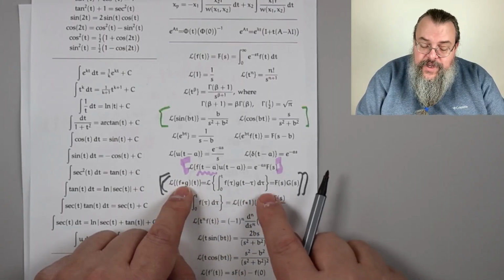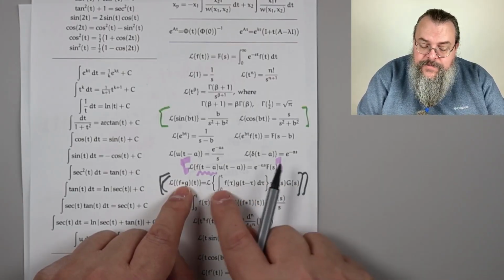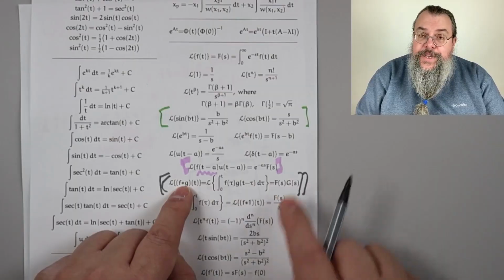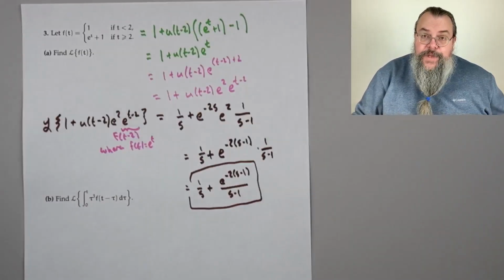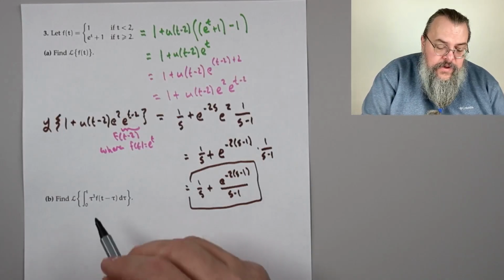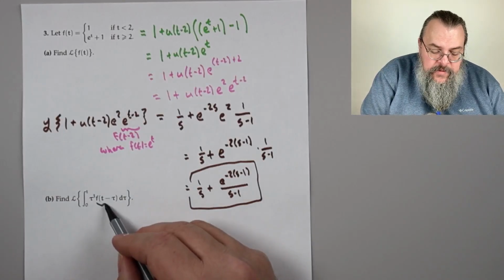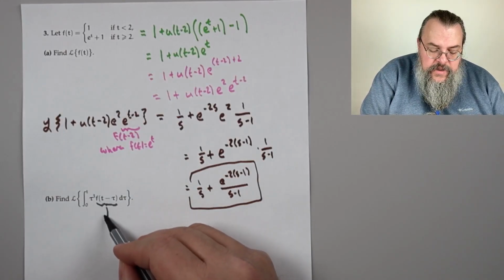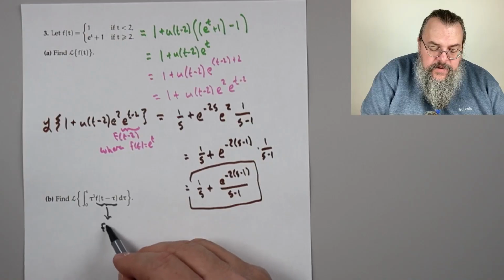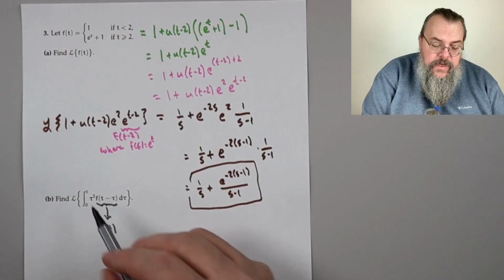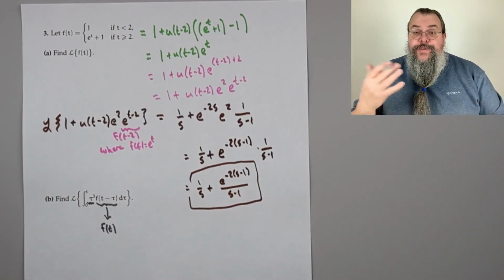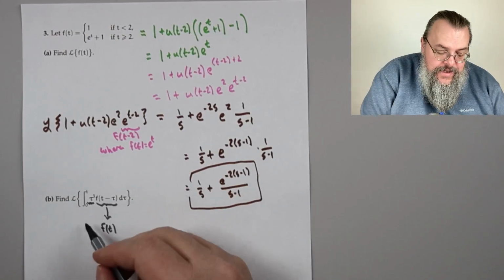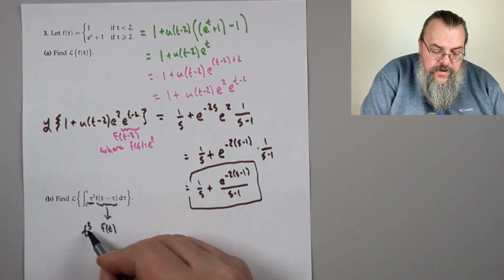Now what's the rule say? If we're doing the Laplace transform of a convolution, multiply the individual pieces together. So first off, what are our pieces? This part, the t minus tau part, looks a lot like our function f(t). What about the tau part? Replace tau by t, and you get t cubed.